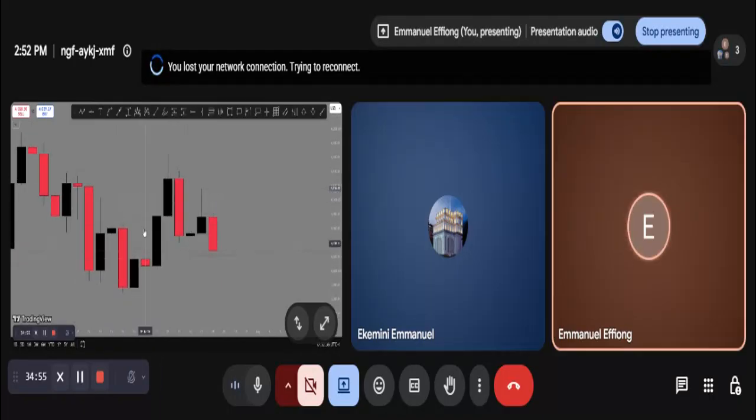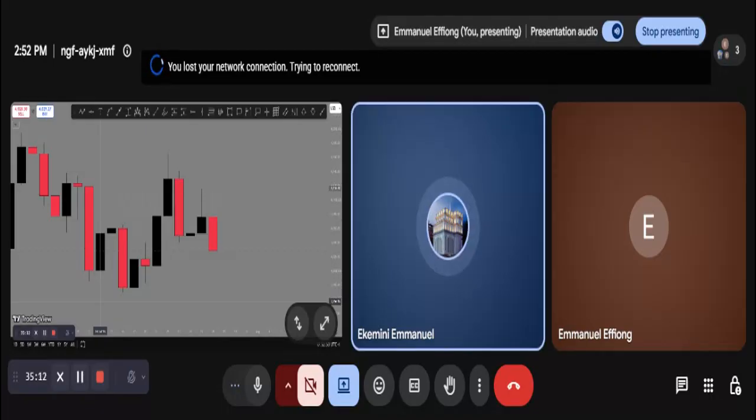What do you see? Just looking at these days, this is yesterday's candle. This is today's candle. What do you see? I'm seeing a double break. From where to where?